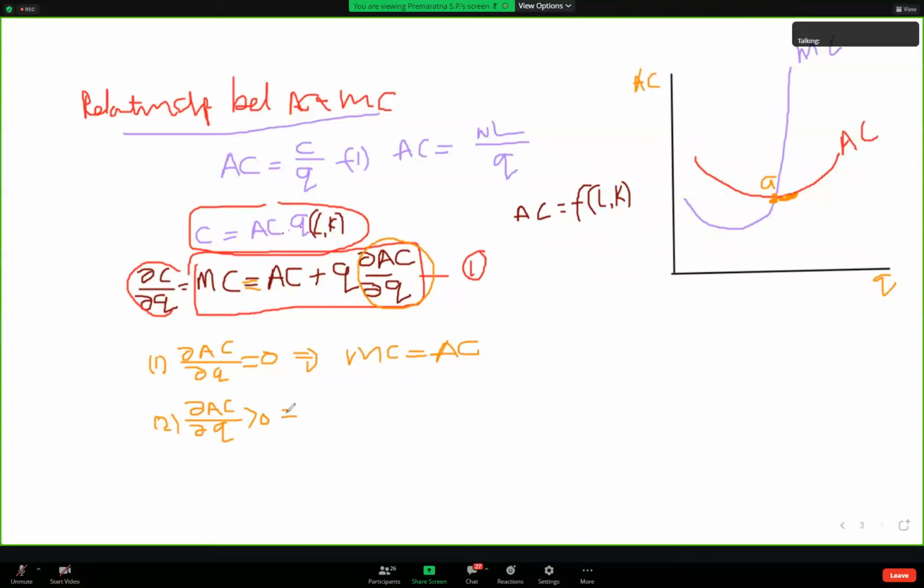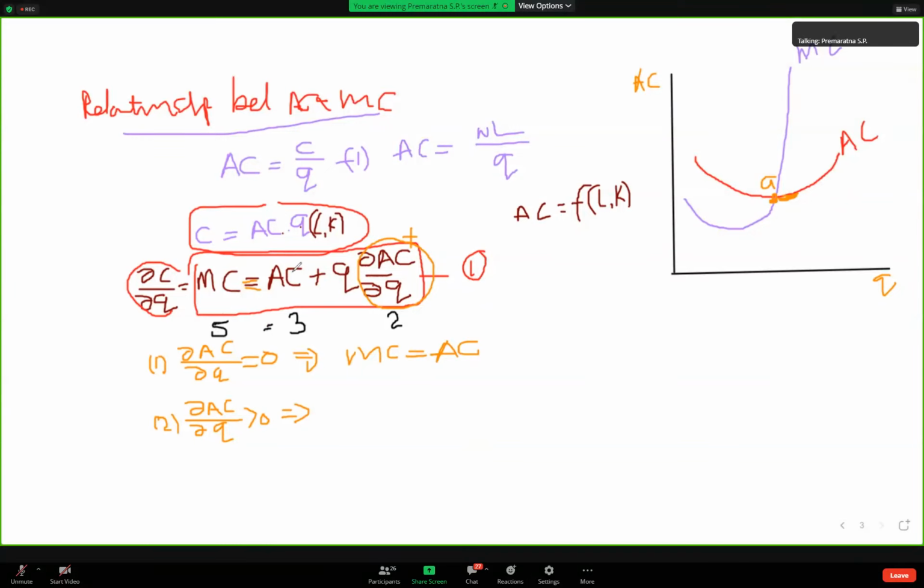For example, let's say the slope term is 2 and the average cost is 3. Then 3 plus 2 is the marginal cost, 5.